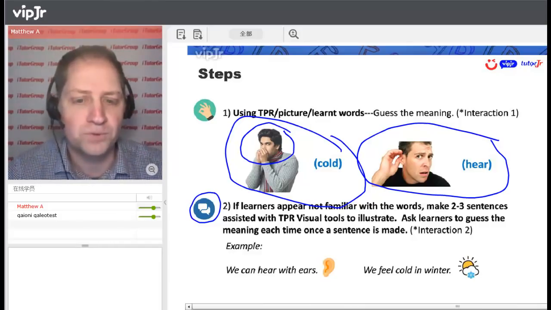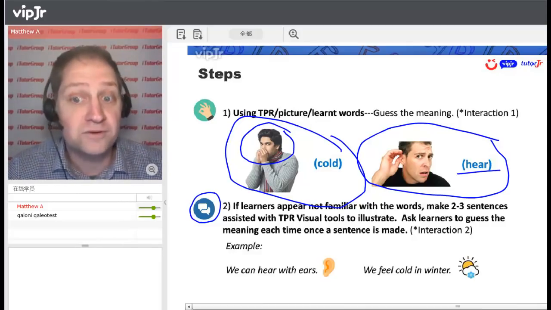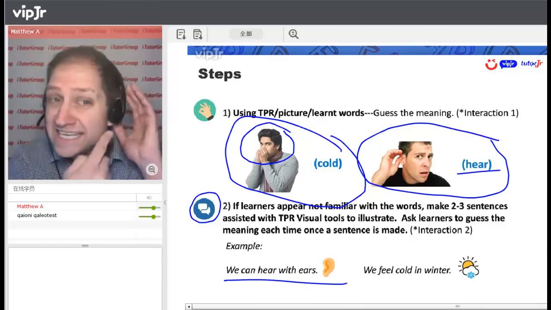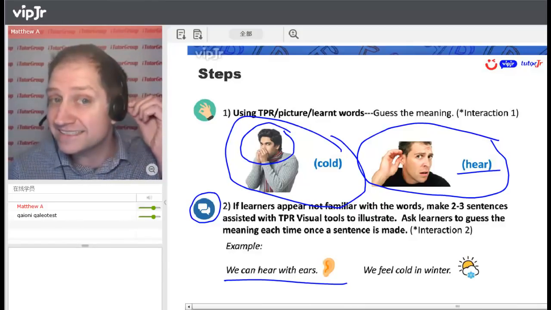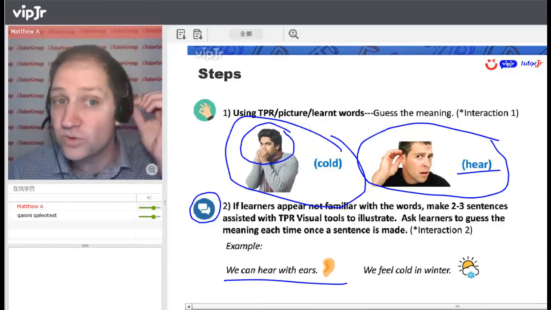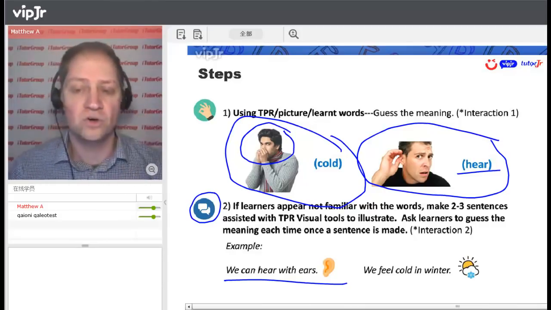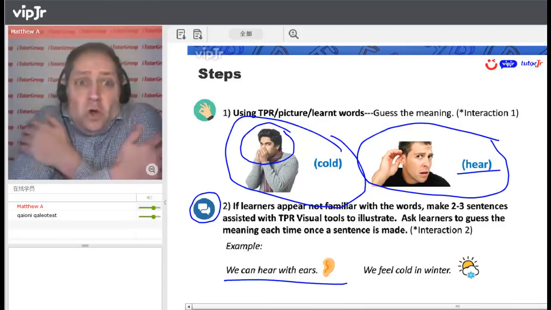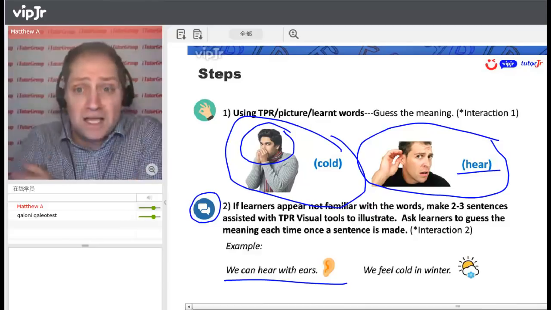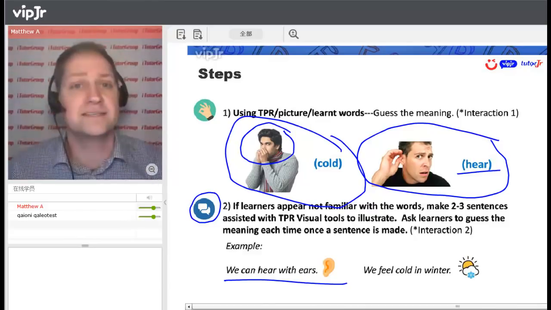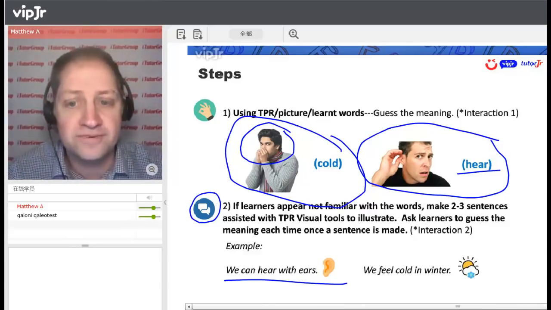So, for example, now we can hear with our ears. Or cold in winter. Maybe we can use a little photo of a winter's day to help them understand.